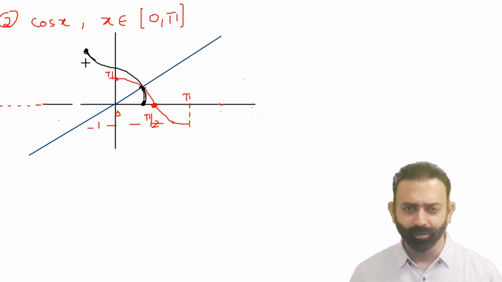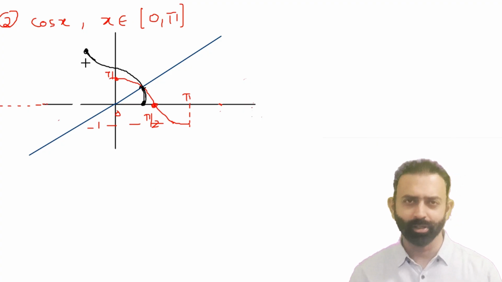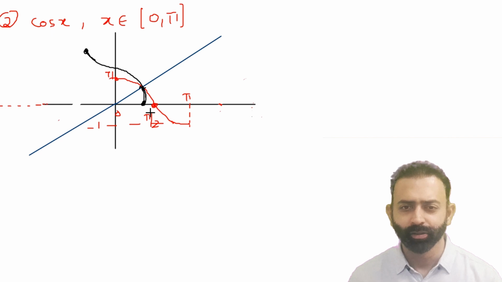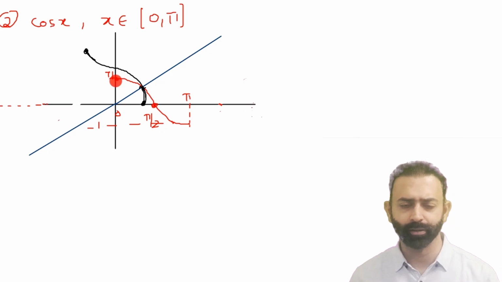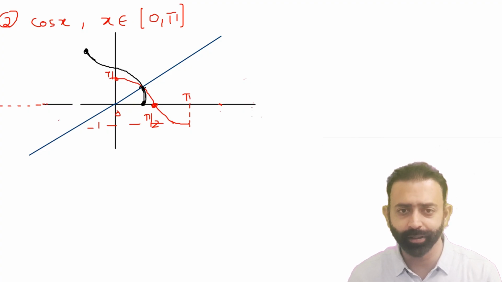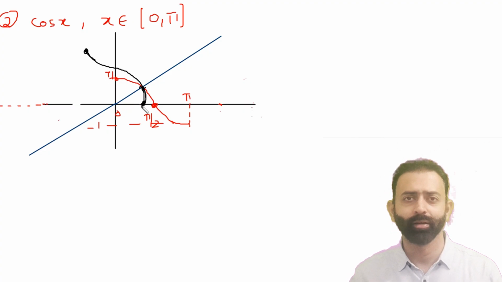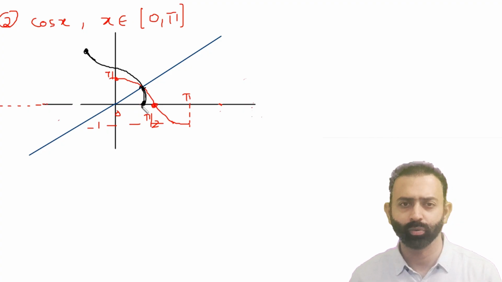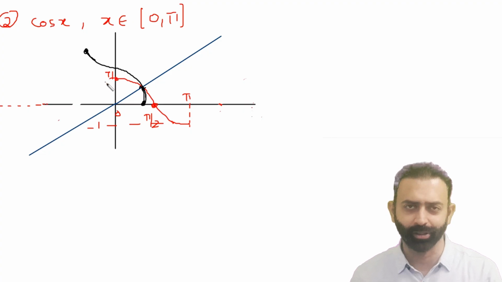Now let us concentrate on the coordinates, because coordinates are important. So this point, if I say this point is 0 comma pi, so corresponding to this point in the cos inverse x graph, we get this point. The coordinate of this point will be pi comma 0. Sorry, 0 comma, not pi, this is plus 1, I'm sorry.